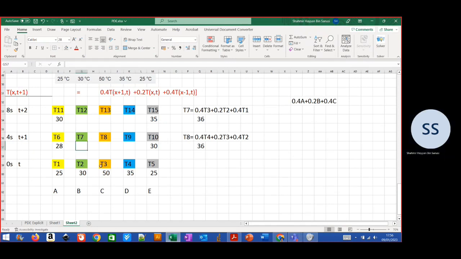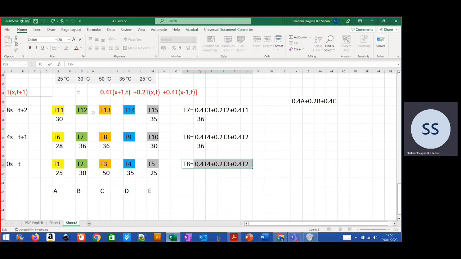Once you get the value, just update it in your temperature difference grid. And then how do we get T9? Same thing. T9 is 0.4 T5 plus 0.2 T4 plus 0.4 T3. So T9, 0.4 T5, T4.